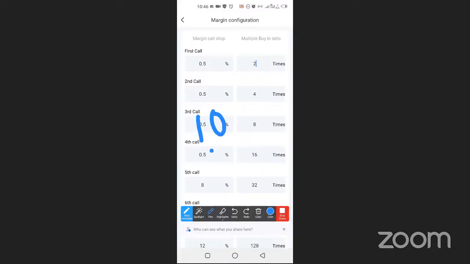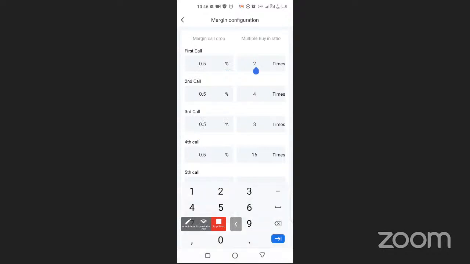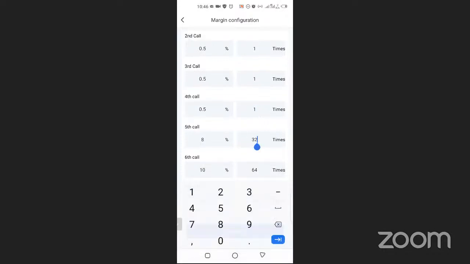Now I say, let me raise it to 70. So I'll put a 1, I want it to buy 1 time.